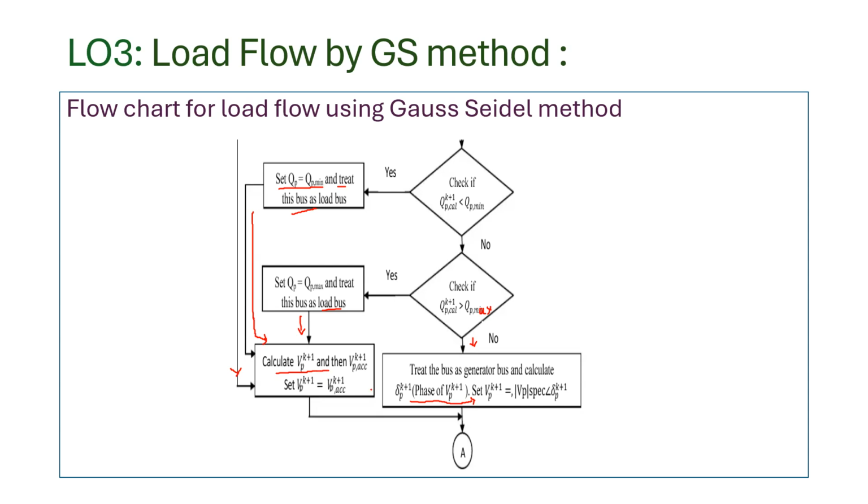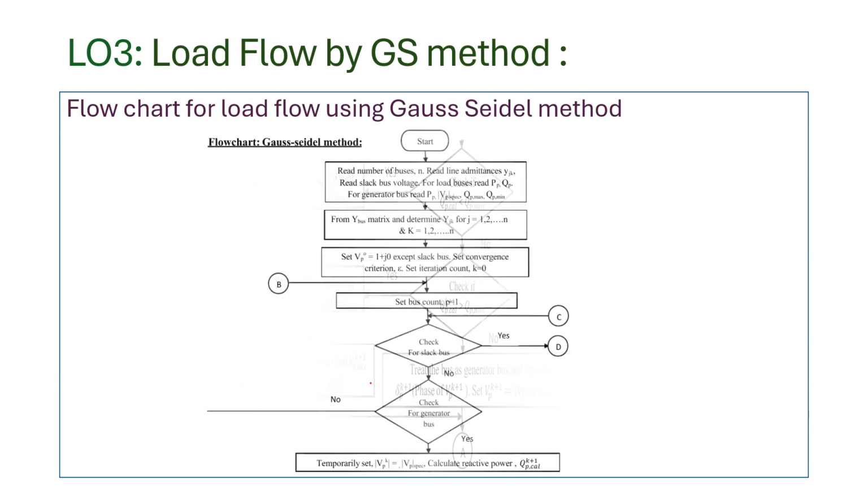For a PQ bus, sometimes the calculated voltage is accelerated so as to reduce the iterations. So that is one more point: here we can accept the acceleration coefficient alpha as an input.